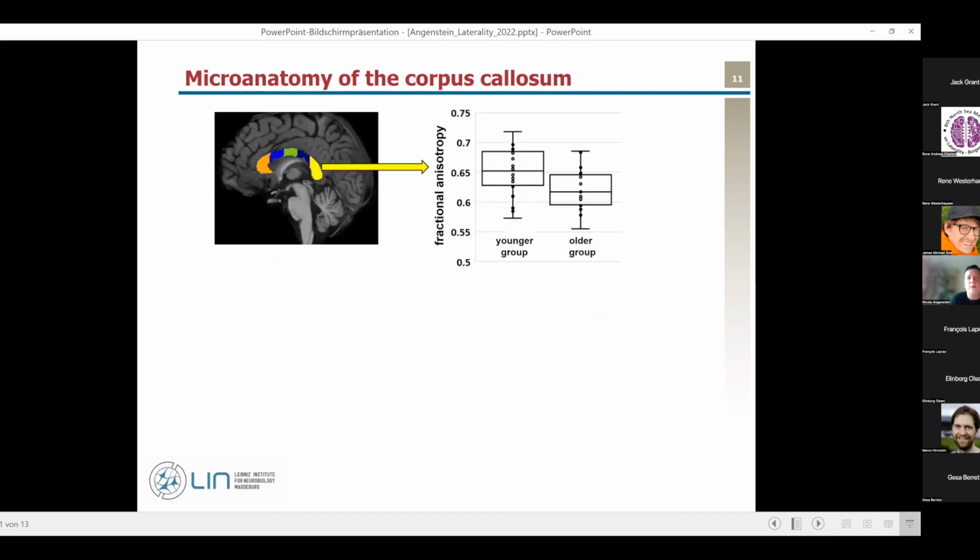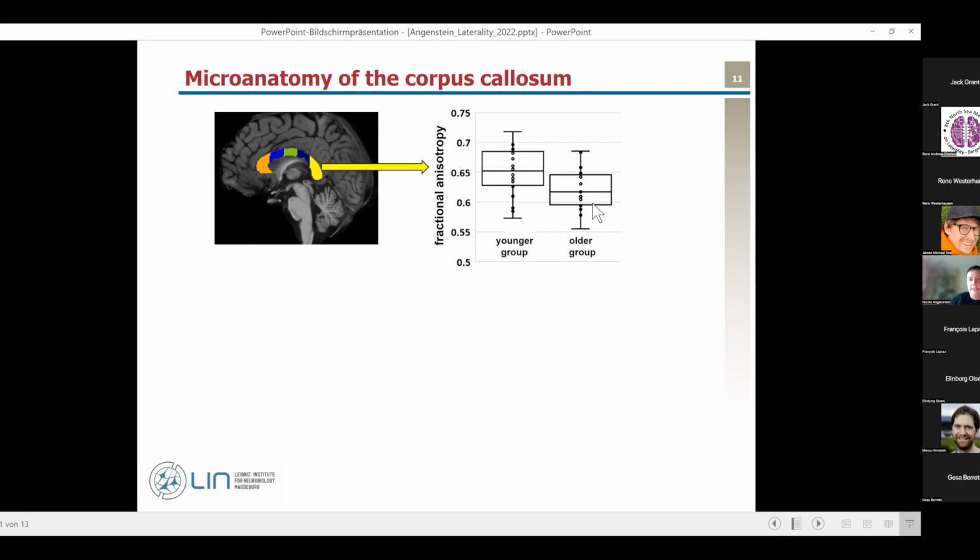To see whether we have really an indication of a reduced hemispheric interaction in our participant group, we did diffusion tensor imaging. And what you can see here in this diagram is the so-called fractional anisotropy, a measure of the directionality of water. And this is the result of the posterior area here in yellow of the corpus callosum, the area where the fibers between the auditory cortices mainly cross the midline.